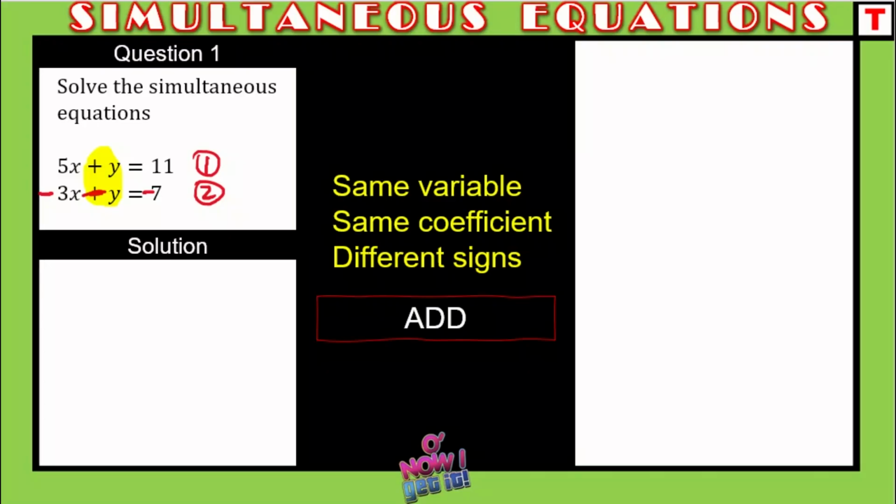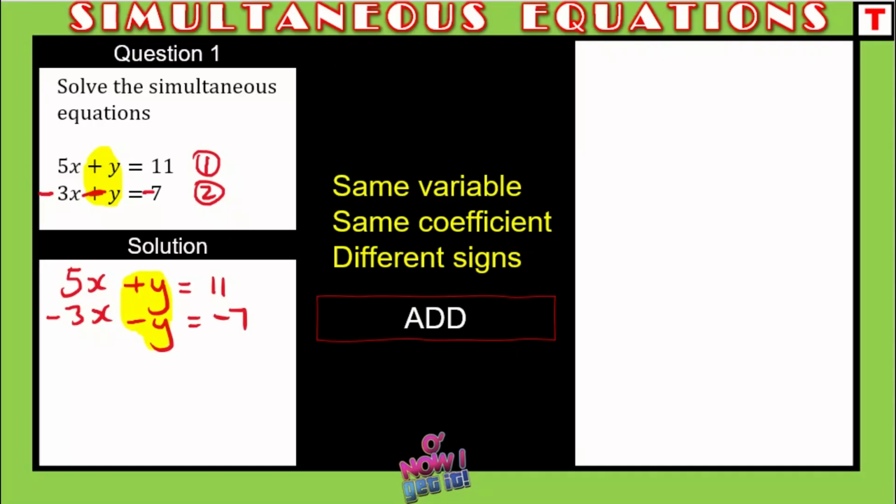Okay, so let me just rewrite these two equations in their new form. So we have minus 3x minus y is equal to negative 7. So now that we have these conditions, we can see that we are going to be adding because those three conditions are now being met.